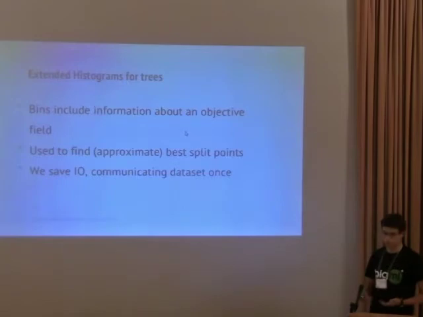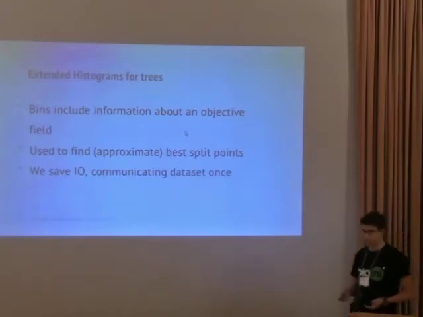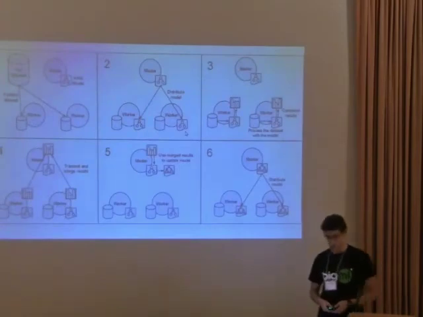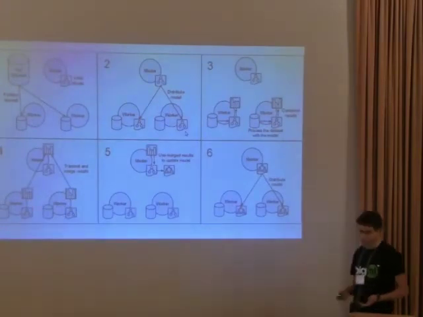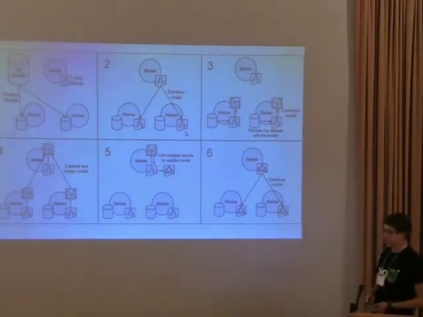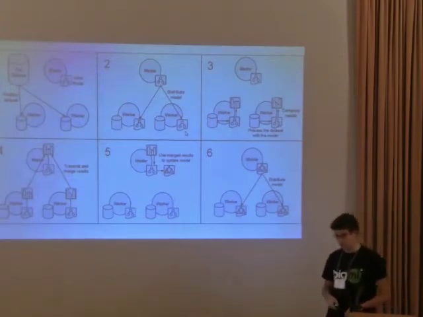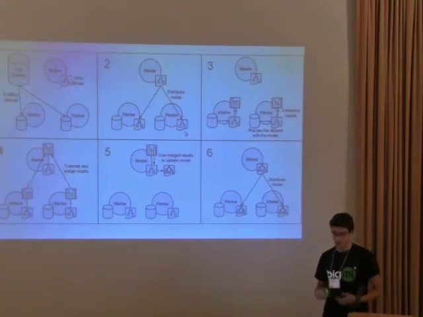We're using, of course, histograms for finding the approximate best splits when growing our trees. And the way it works is that the master node communicates to the workers the full data set. And then the workers start calculating the histogram, but first in step 2, they need to get the current state of the tree.